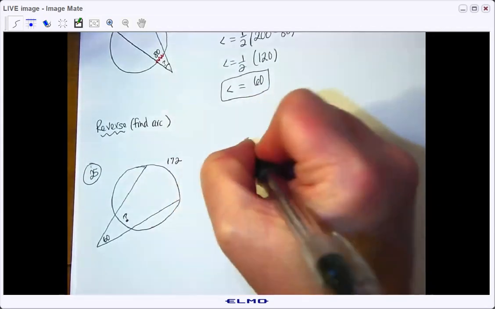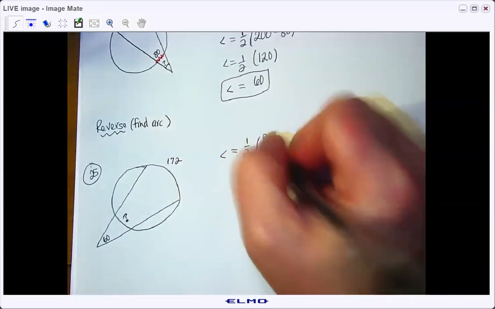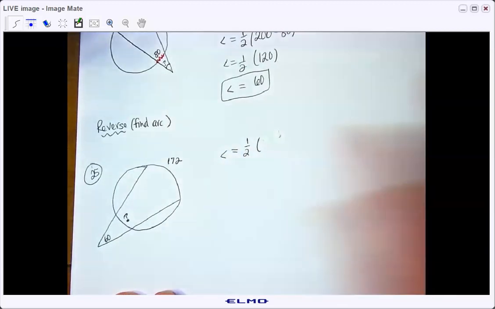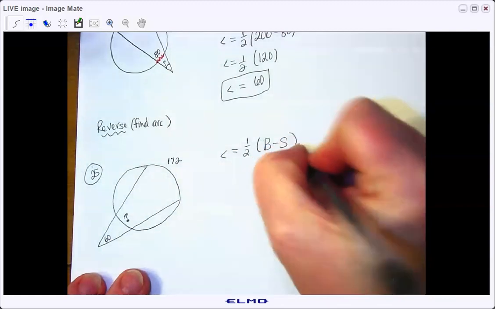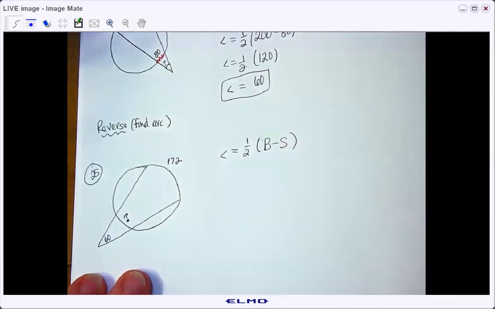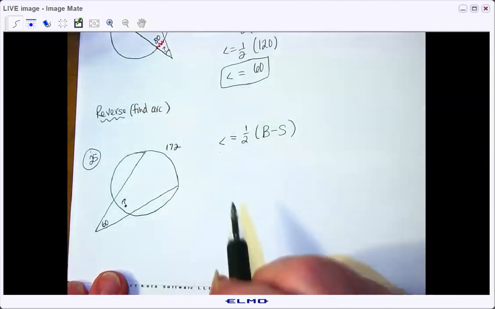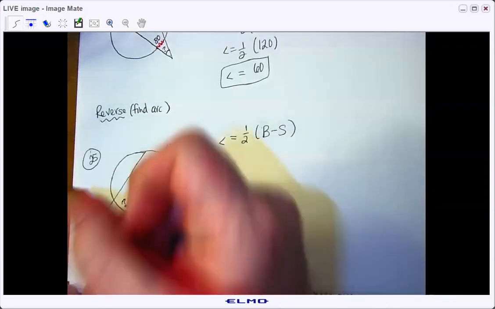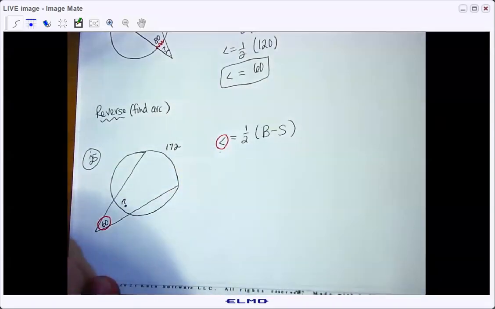So the angle is still going to equal 1/2. Let's kind of shorten this. The big arc minus the small arc. So we know the angle, and the angle always goes on the left.